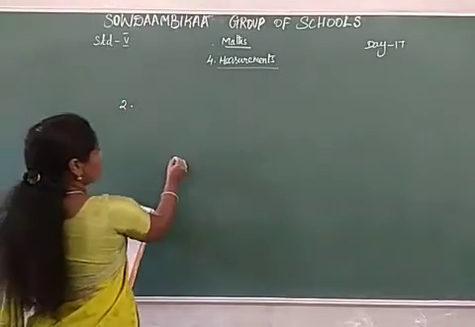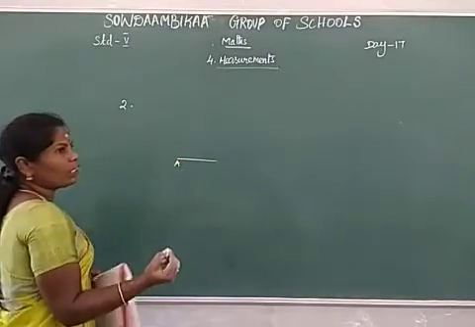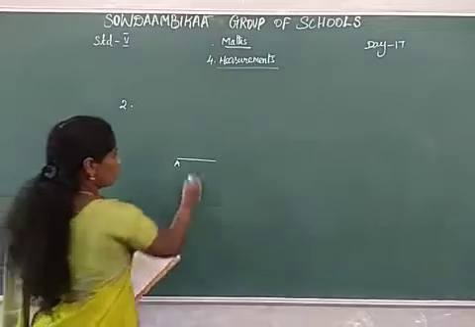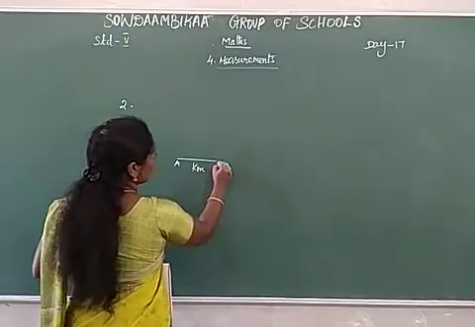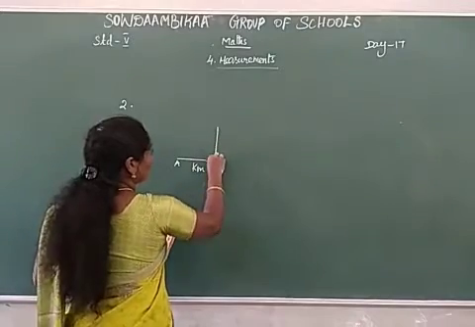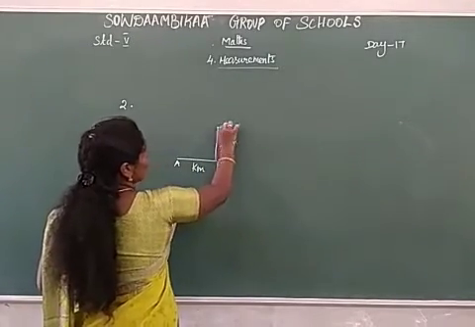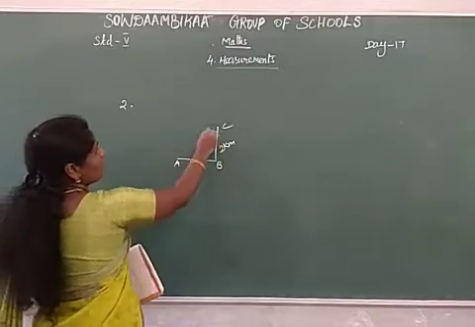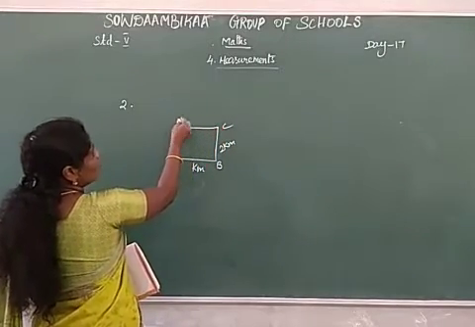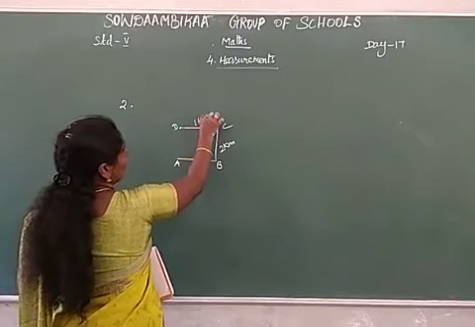First the Karthik Raja moves to A point. How many kilometers from A to B? 1 kilometer moves to point B. Next, B to C, how many kilometers? He moves 2 kilometers, B to C. Next, C towards D, how many kilometers? 1 kilometer.